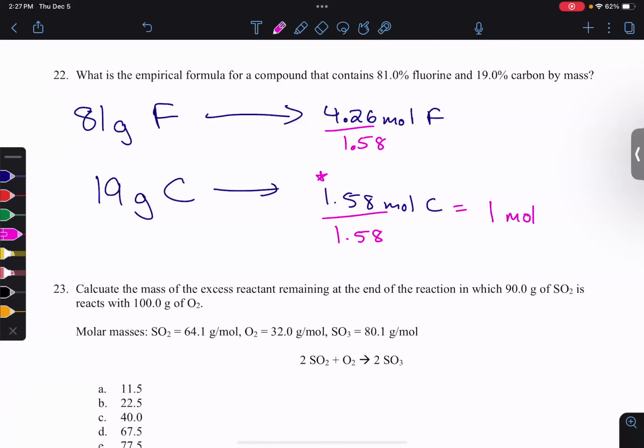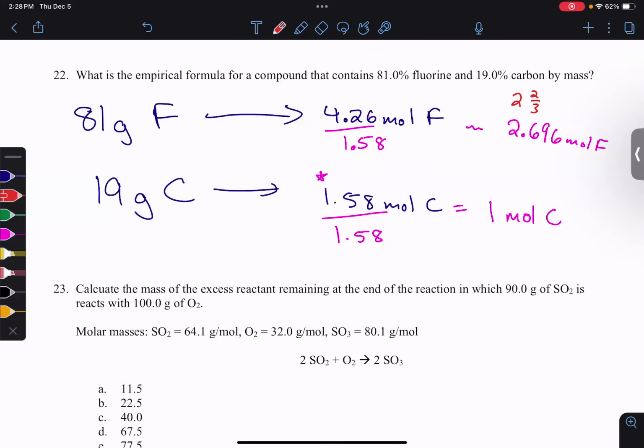So for every 1 mole of carbon, we get 2.696 moles of fluorine. So should I just round this to 3? No, this is very close to 2 2/3. 0.66, that's 2/3.